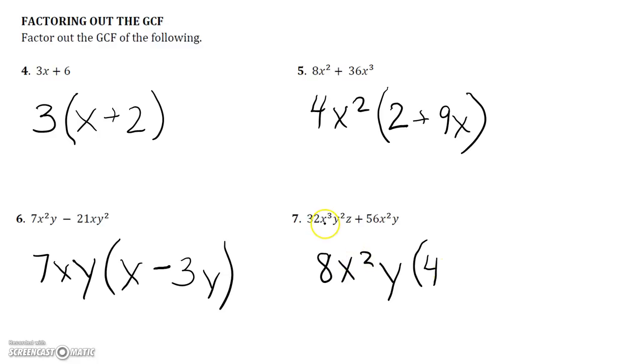Taking x squared out of x cubed leaves us with x. Taking y out of y squared leaves us with y. And taking nothing out of z, we have our z left. Next term, taking 8 out of 56 leaves us with 7. X squared out of x squared, there's no x's left. Y out of y, no y's left. So we are finished.